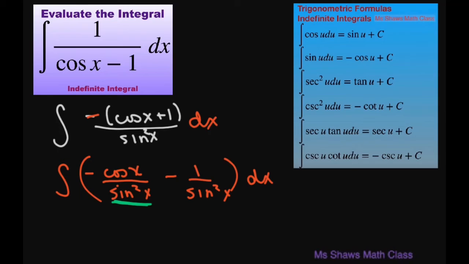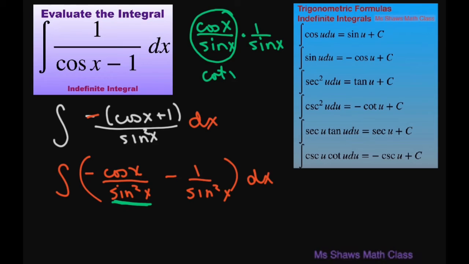Let's not deal with the negative right now. I can expand this a little bit by writing it as cosine of x divided by sine of x times 1 divided by sine of x. And that gives me the same thing. So this right here is cotangent of x, and this is going to be times cosecant of x.